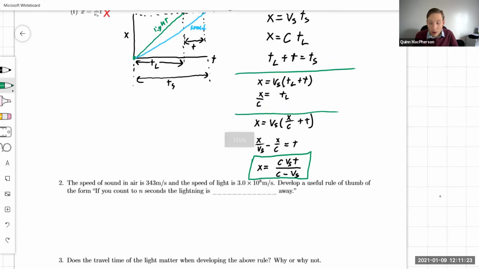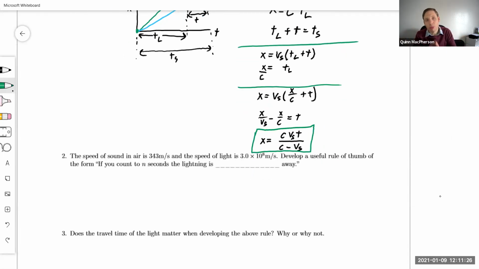Now that we have a formula, let's start putting in some numbers. Part 2 of this question asks us, if the speed of sound in air is 343 meters per second, roughly what it is. It depends on pressure and temperature and stuff like that, but it's roughly 343 meters per second. Speed of light is 3 times 10 to the 8th meters per second.